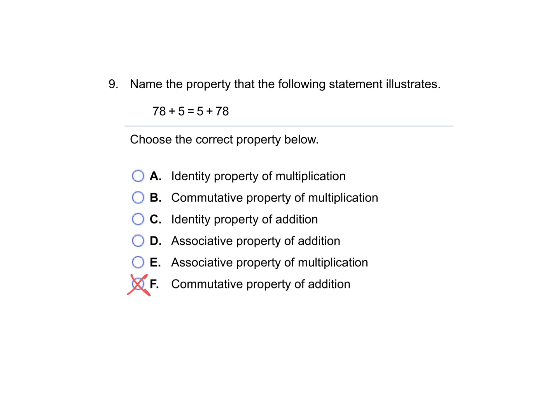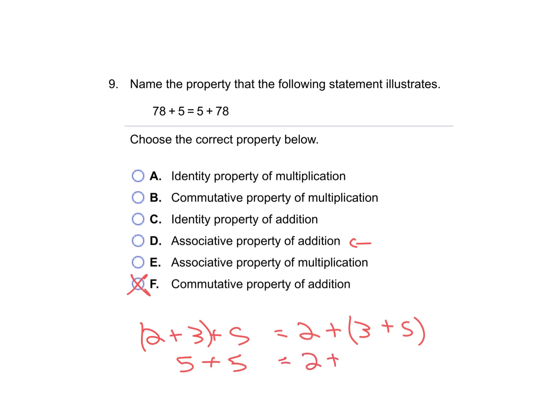Associative property of addition, it might have been like (2 plus 3) plus 5, and they said associate, or do those first, is the same as 2 plus (3 plus 5), okay? If we associated these two first, we would get 5 plus 5. Here, if we associated those two first, we would get 2 plus 8, and as you can see, both of them equal 10.